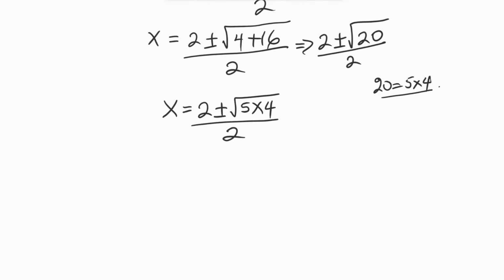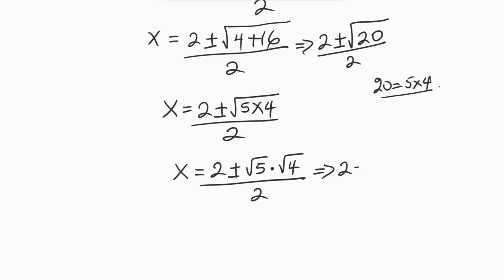Now this is the same thing as x equals 2 plus or minus root 5 times root 4 divided by 2. And this is the same thing as root 5 times 2 divided by 2.